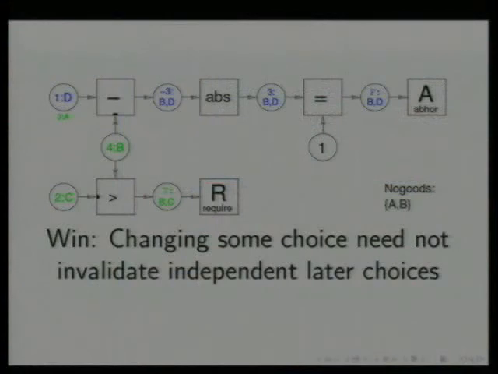And in going through all this, we didn't have to recompute any of this stuff because it didn't depend on the A that we decided to unmake. So that's a big win if we can get that.